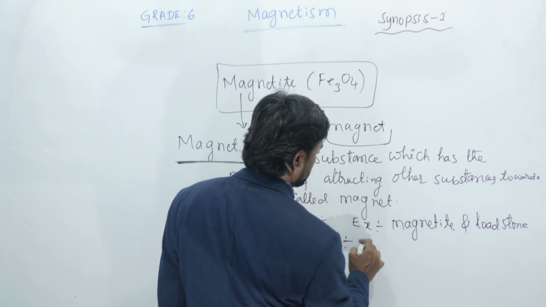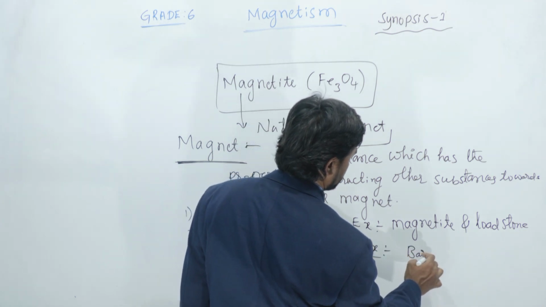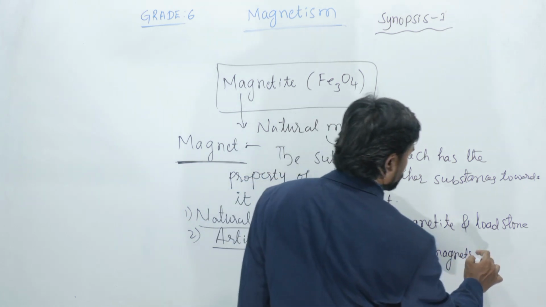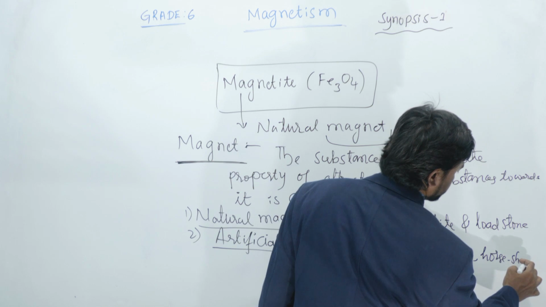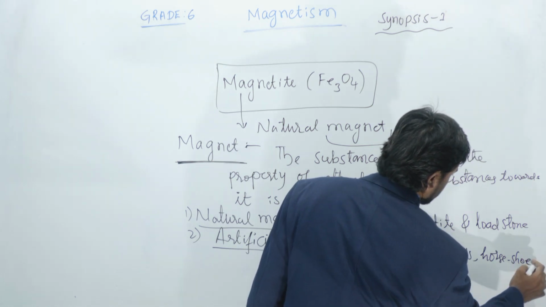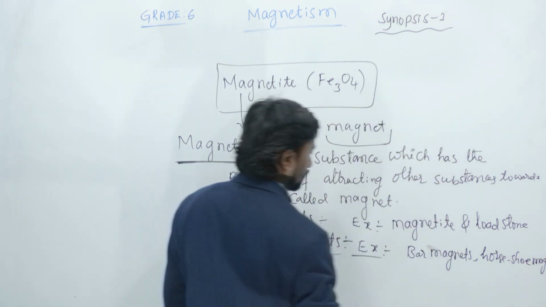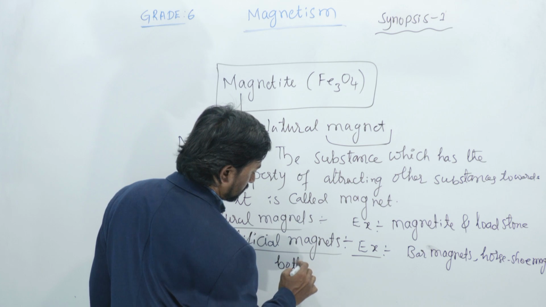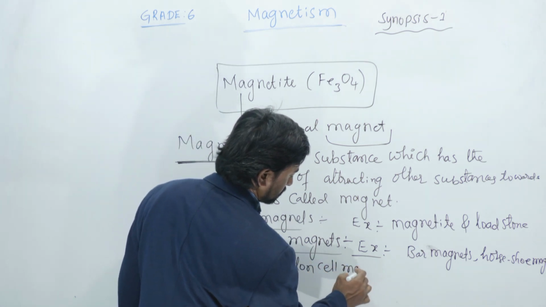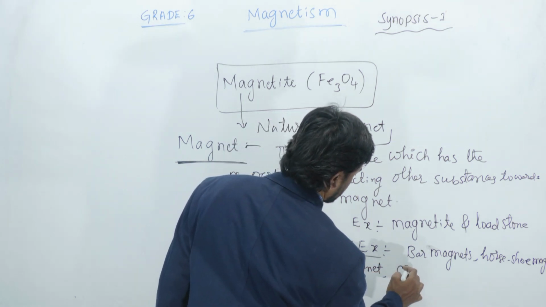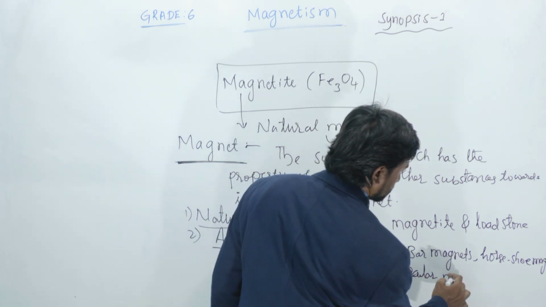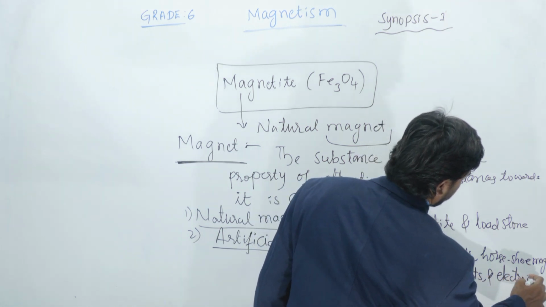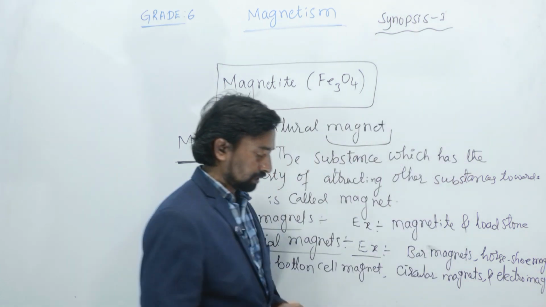There are many examples of artificial magnets, like bar magnets, horseshoe magnets, button cell magnets, circular magnets, and electromagnets.